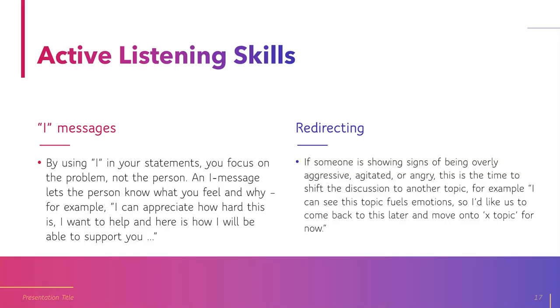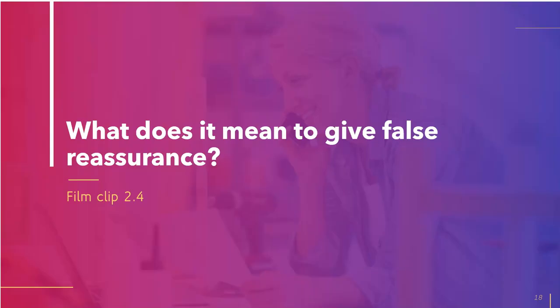Active listening also means using the word I, and redirecting. If someone shows you signs of being overly aggressive, agitated, or angry, this is the time to shift the discussion to another topic. For example, I can see this topic fuels emotions, so I'd like us to come back to this later, and move on to whatever the topic might be right now.